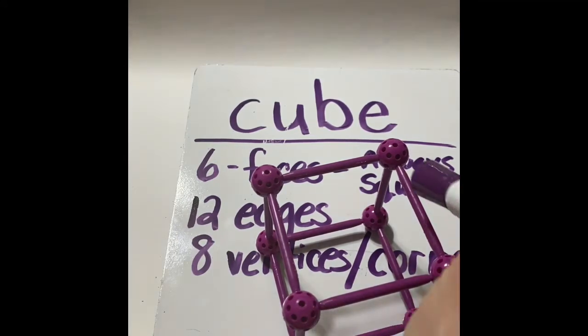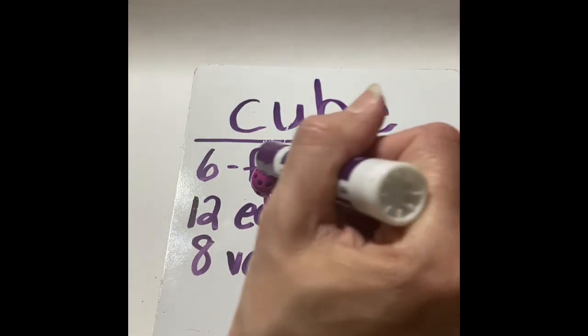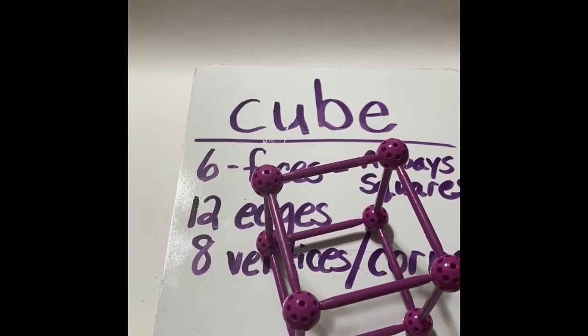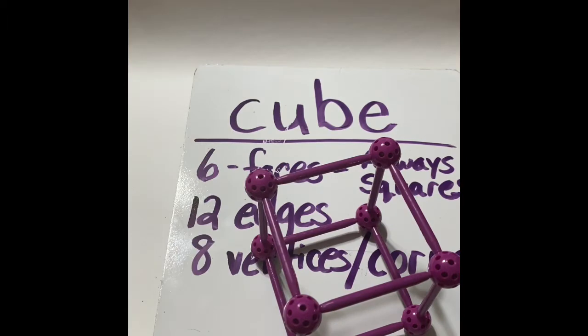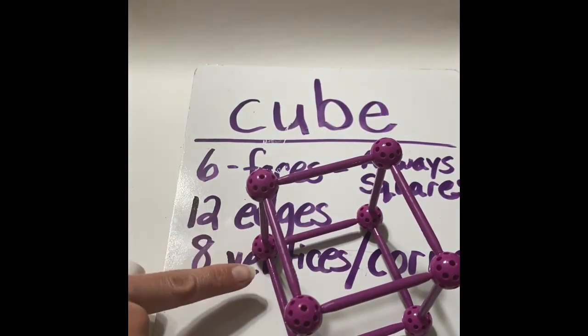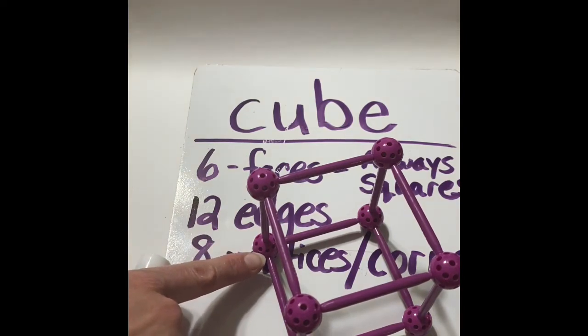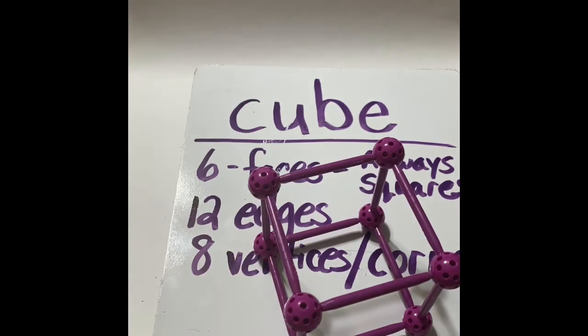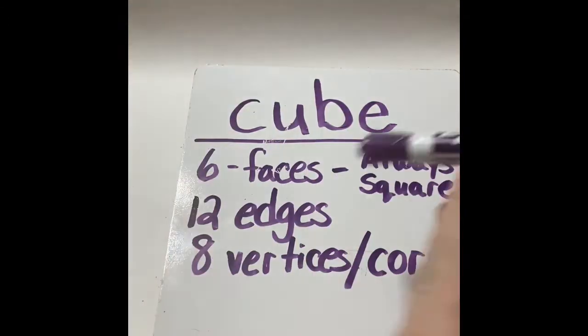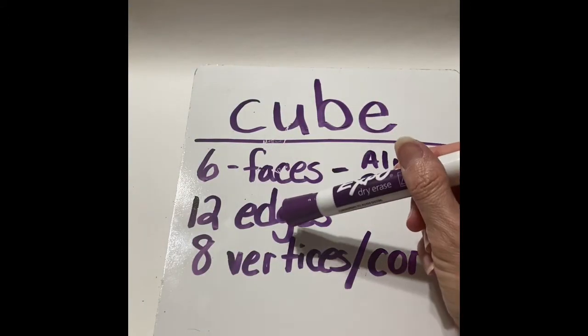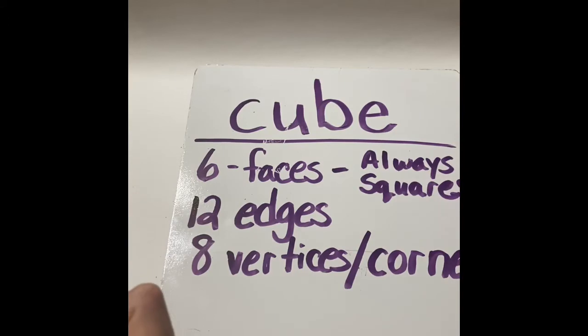The 4 going across the top to make this square, 1, 2, 3, 4. The 4 going down from each of the top vertices to the bottom vertices, so that would be 5, 6, 7, and 8. Then the 4 at the bottom to make the bottom face, 9, 10, 11, 12. So again, a cube has 6 faces, 12 edges, and 8 vertices.